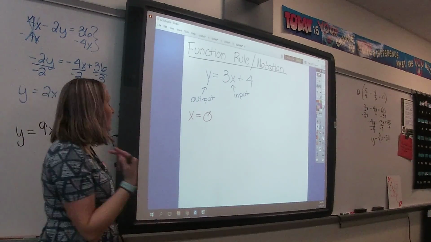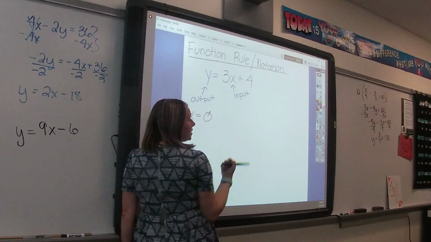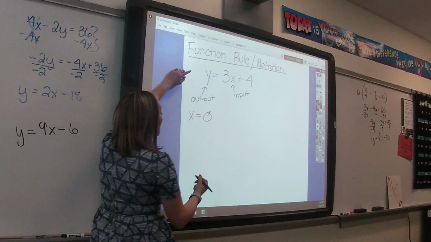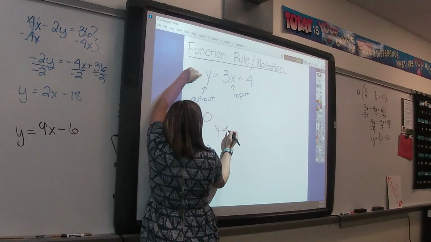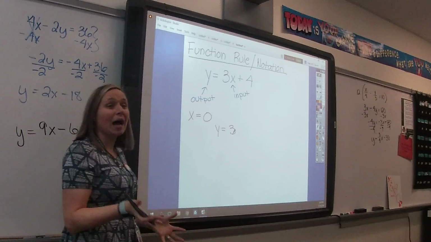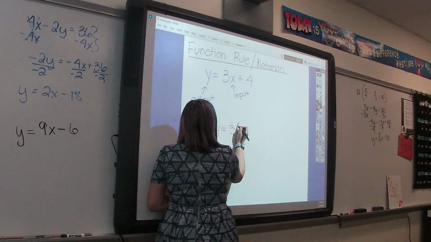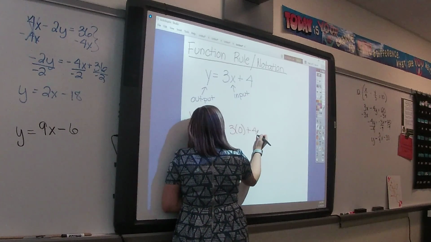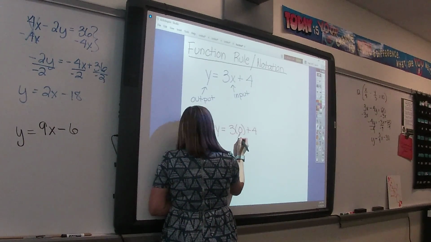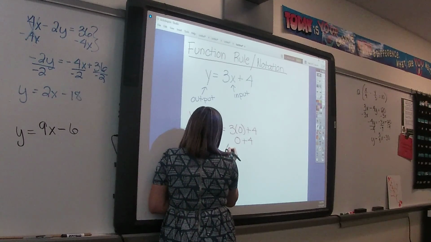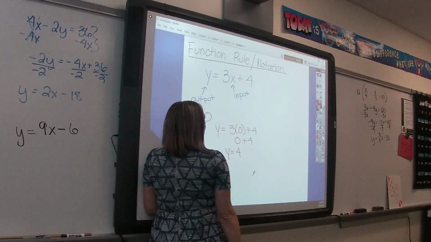So to find the y value, we substitute 0 for x. So y equals 3 times, but instead of x, what does x now equal? 0 plus 4. So 3 times 0 is 0. 0 plus 4 is 4. So y equals 4.